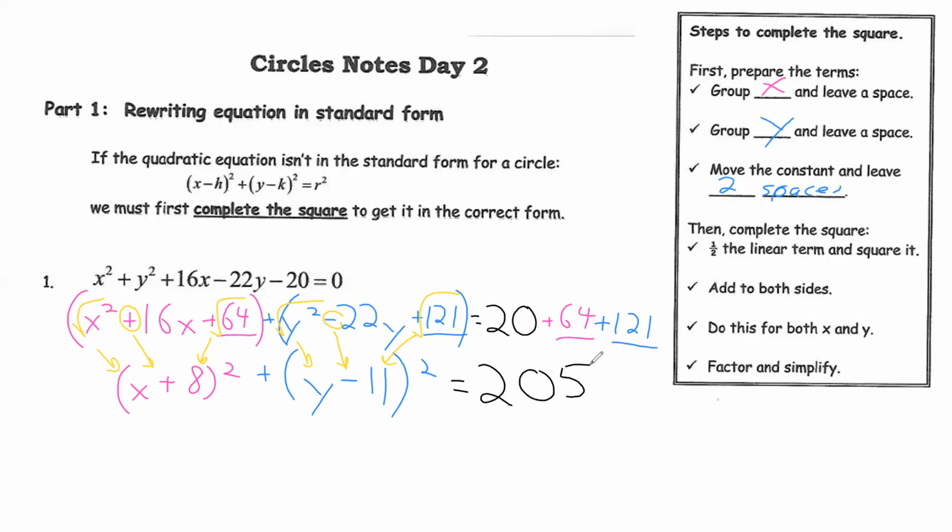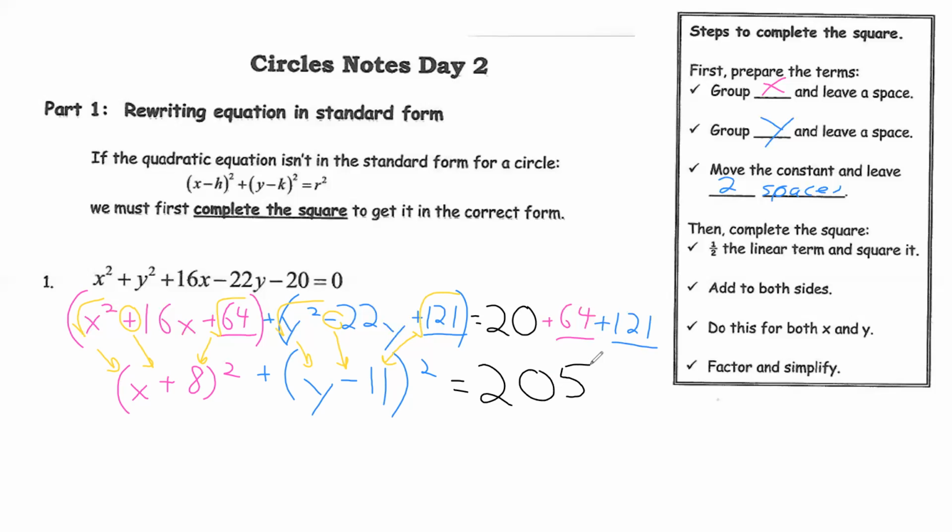So if I wanted to find the center of this one, I could say it's at -8, positive 11. And then this is our radius squared, so I can square root that to get my radius. And we have values that we can actually use. Again, the main focus here is taking an equation and changing it into standard form by completing the square.